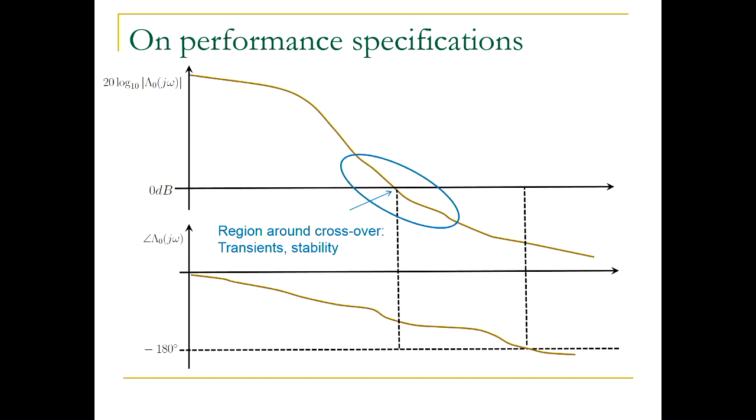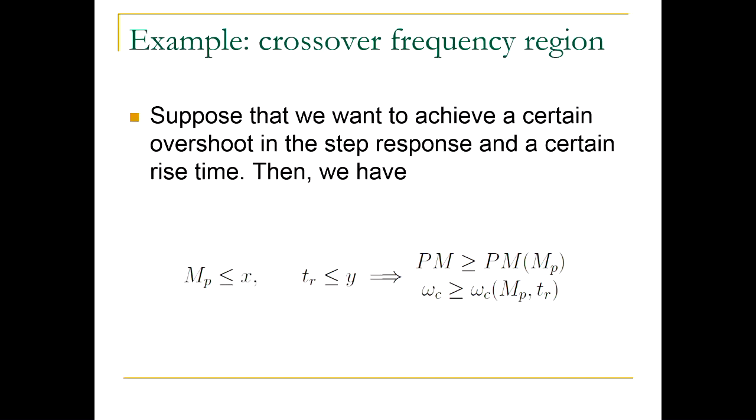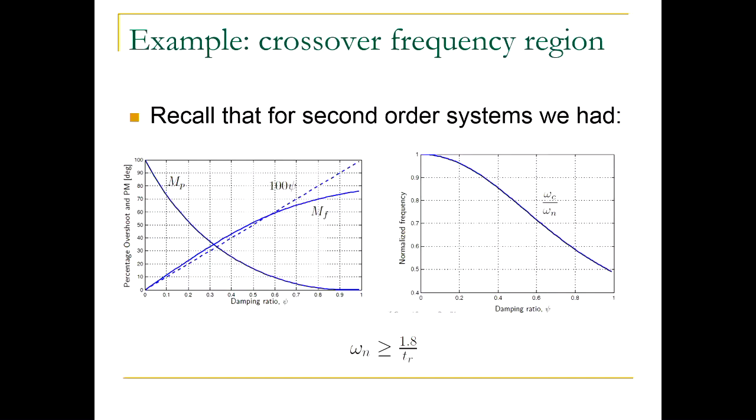So what is possible to do is, well, you can relate phase margin actually to the damping ratio for second order systems. And this is given in this diagram. So PM is the amount of phase margin. In this diagram, it's given in degrees.